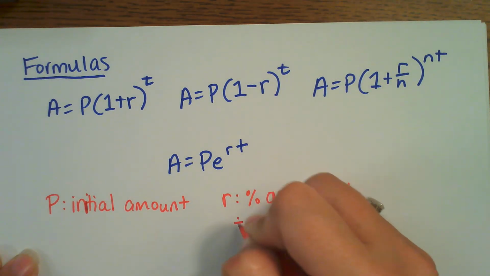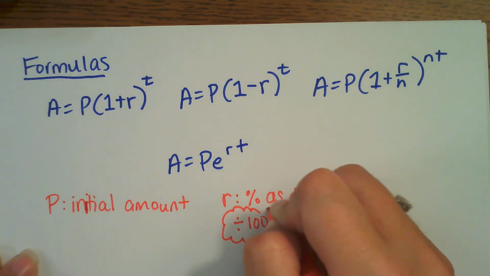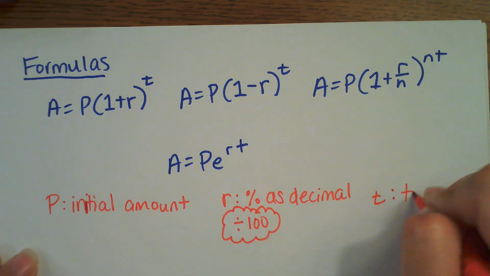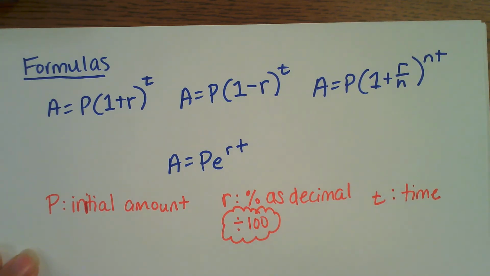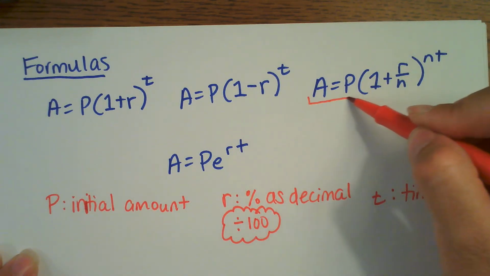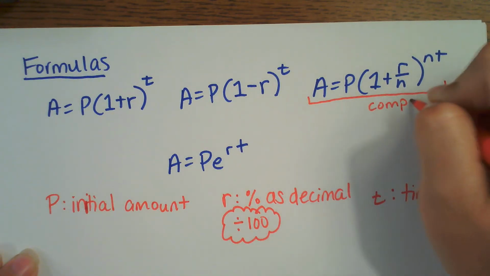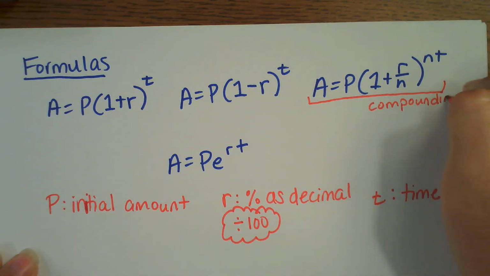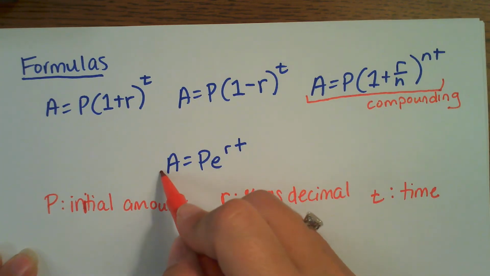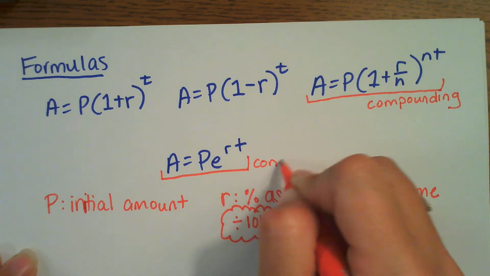You're going to need to divide by 100 there. T is time. You use this formula when they talk about compounding. You use this formula when they say compounding continuously.